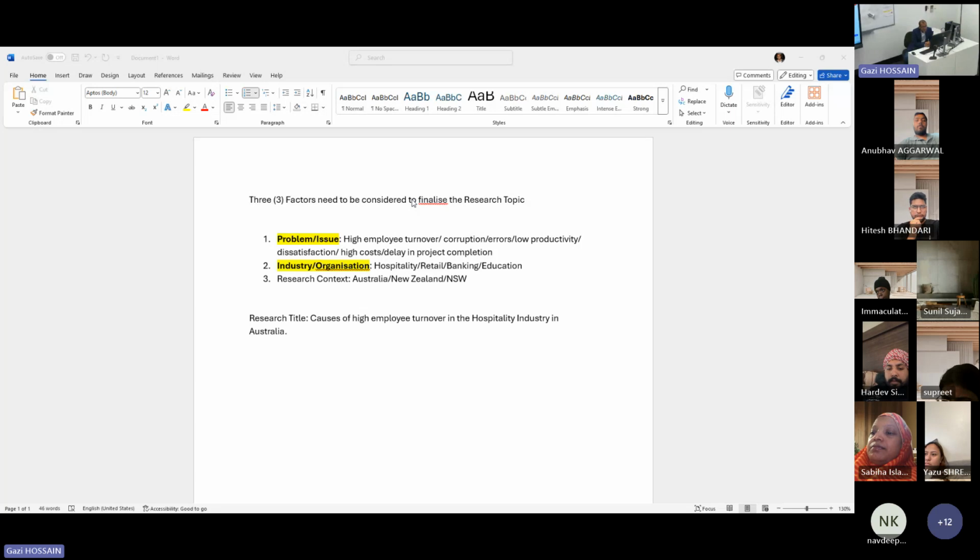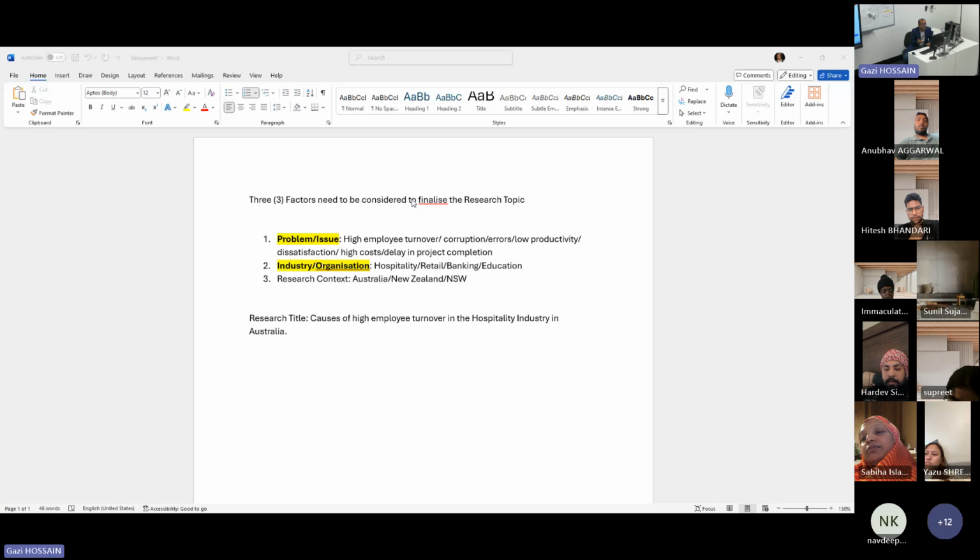As they are different industries or different organizations and their reasons are different, we also need to specify, because we can't replicate or generalize the findings from one company to another. But if it is a bank, say Commonwealth Bank or ANZ Bank or Westpac or NAB, then it can be the same because they are the same.